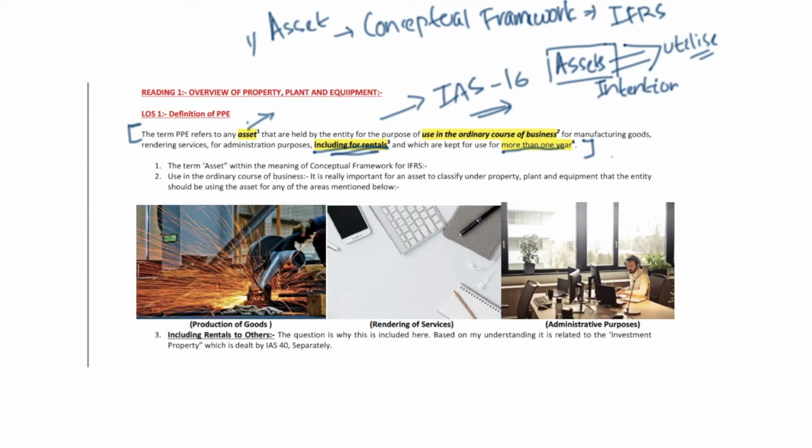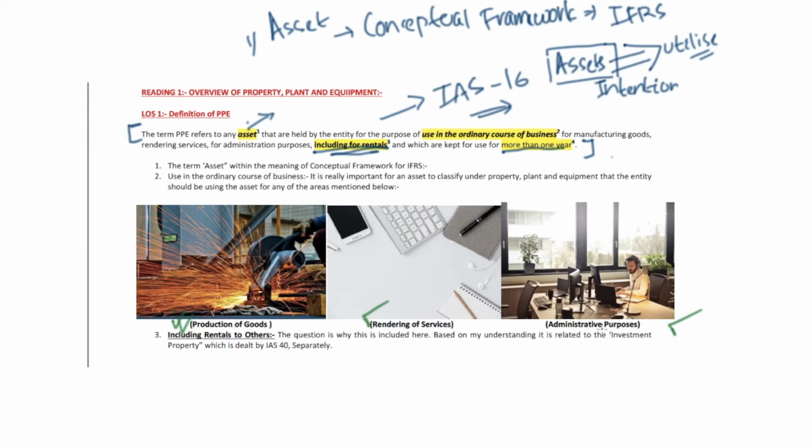If they are going to utilize this asset in the ordinary course of business, which means they are going to use it in the production of goods, or they're going to use that particular property, plant, and equipment in respect of rendering of services, for example, providing accounting services, providing professional services, or providing hotels, for example, or for maintaining the administrative purposes.